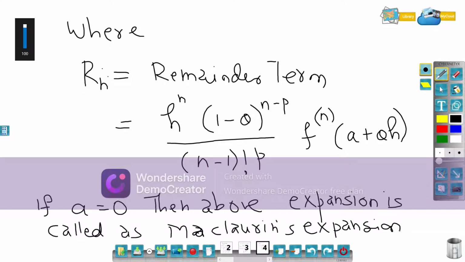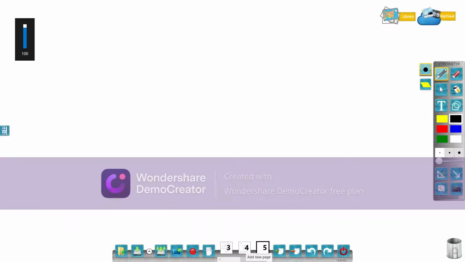So Maclaurin series is a special case of Taylor series. When the point a is equal to 0, the expansion becomes a Maclaurin expansion. Now we'll have some examples.